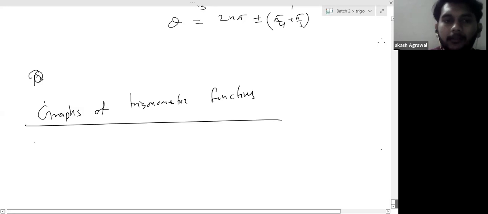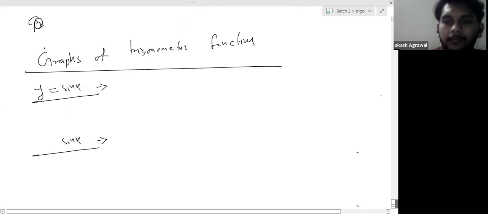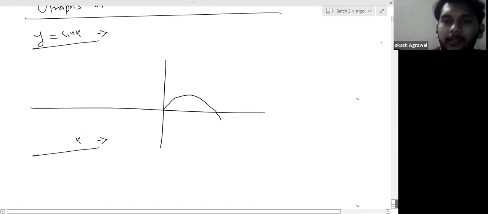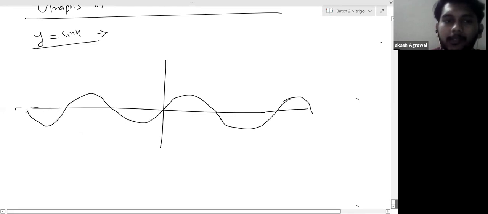All right. First graph is y equals sin x. You must have seen these graphs 1,000 times at least. This is called a sine wave, right?